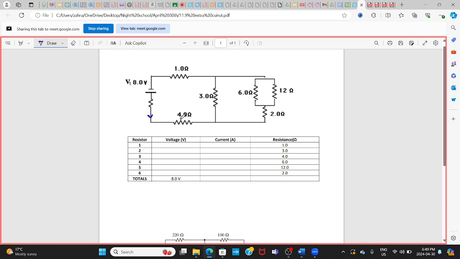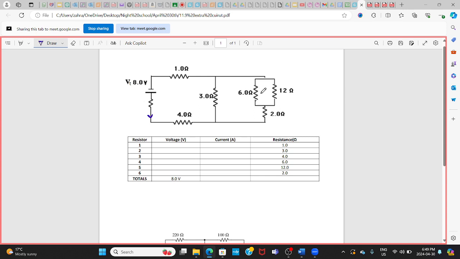So to tackle these problems, we need to find the total resistance in a system. I start with the parallel one. I see the 6 ohm and 12 ohm are parallel, right? So I can find the total resistance here because definitely these two are parallel. How do we do that?